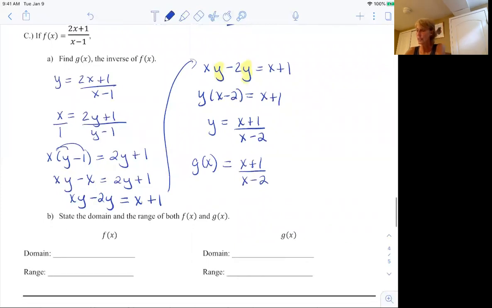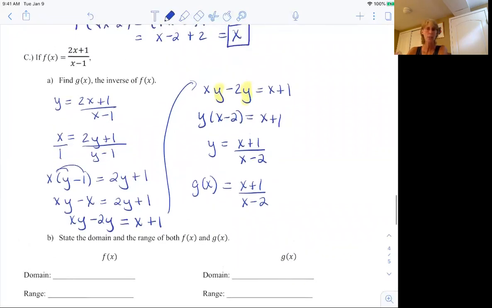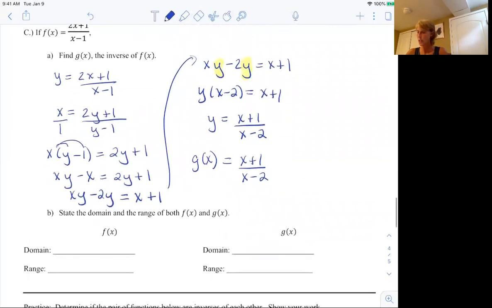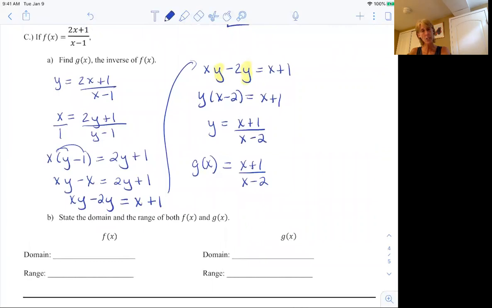Now, without even looking at the picture, we can find the domain and range of each of these functions. Because what do I know? The domain of the original is the range of the inverse. So looking at my original function and looking at my inverse function, I can answer the next part of this question. The domain of the original, if I'm looking up there, all real numbers, x can't equal 1. I can do that in my head. And the range, it's very hard to see what the range is by looking at that.